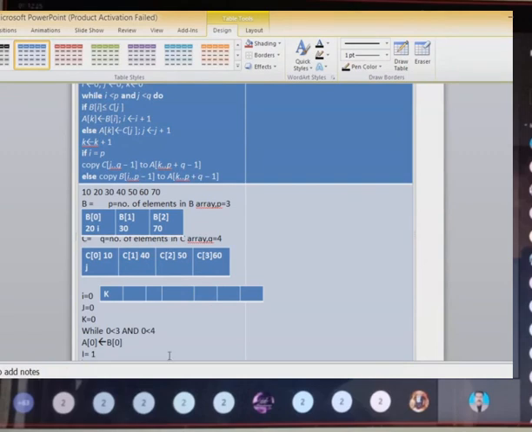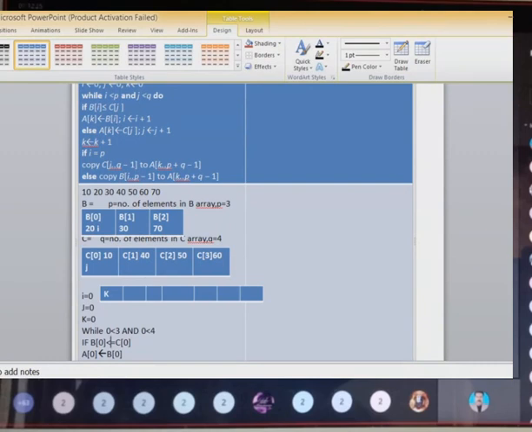Else, we missed one condition, that is if B of 0 is less than or equivalent to C of 0, right?